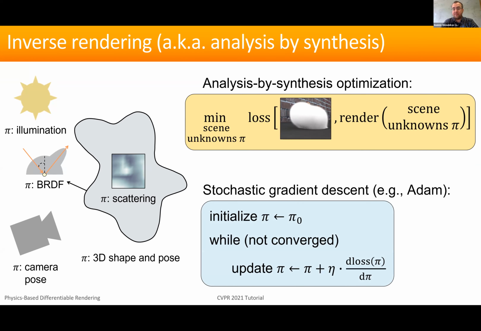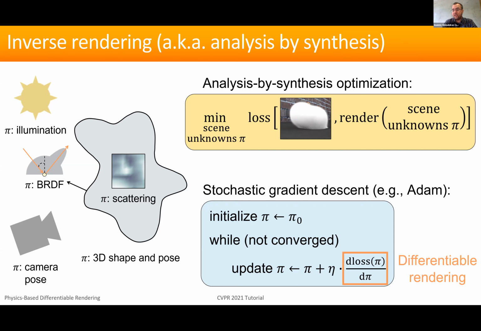This is typically a very high dimensional optimization problem, meaning that to be able to solve it efficiently, we need to take advantage of gradient-based optimization. So the thing that differentiable rendering provides us in all of this picture is the small component at the bottom right. It gives us an efficient way and a general way, in the context of ray tracing-based differentiable rendering, to compute these gradients.